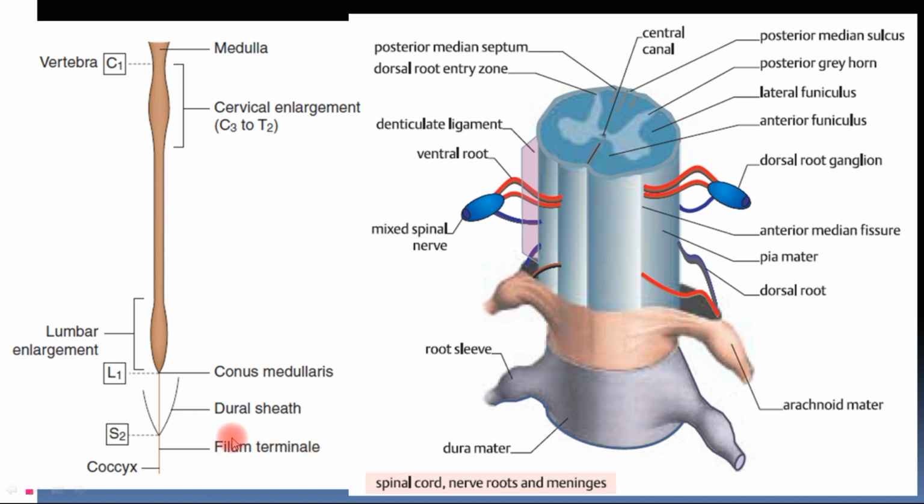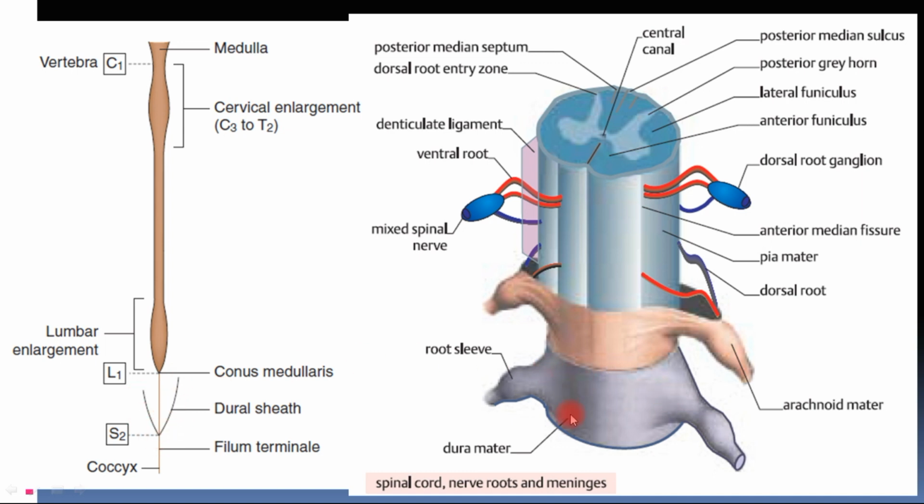As you can see here, the filum terminale extends up to the sacral and coccygeal level, and this is also surrounded by the dural sheath. As we have studied, there are three linings which protect the central nervous system. These linings extend and descend with the spinal cord also, and the outermost lining, the dural sheath, extends up to the S2 level.